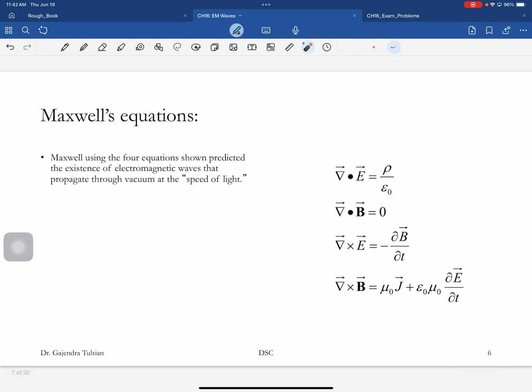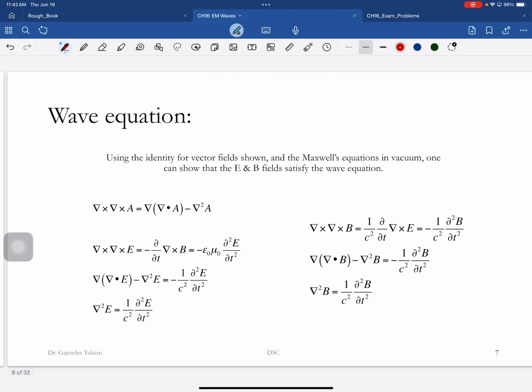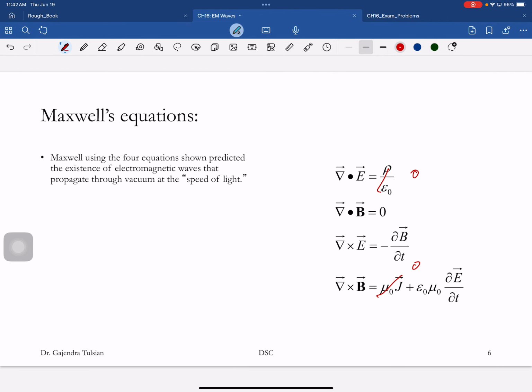We'll come to these slides in a second. So what we're going to do is make this zero, this zero. Do you guys know what these operators are? This operator is the gradient. And that's the curl.